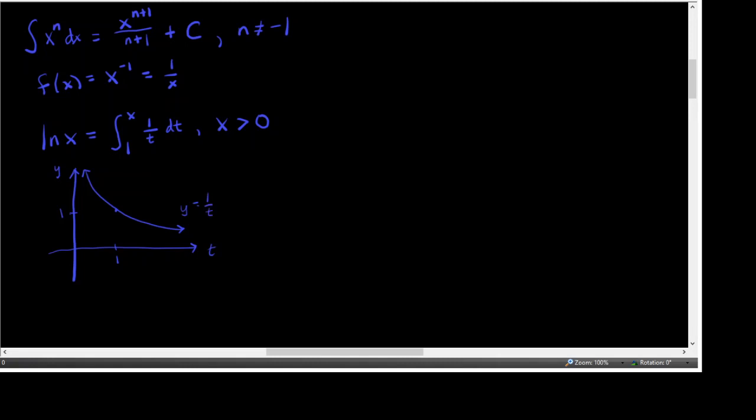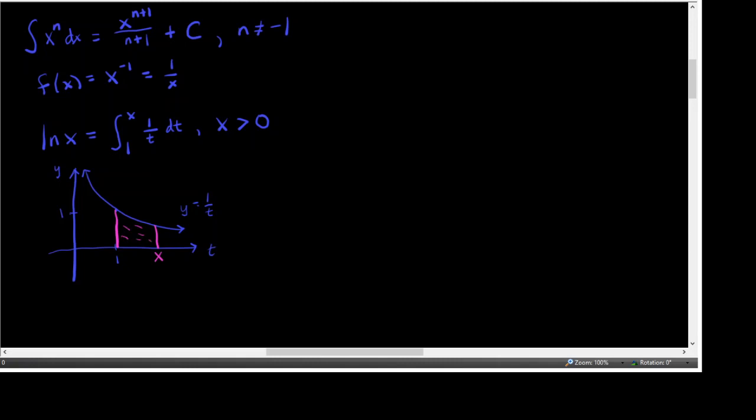So remember that we can think of the definite integral as an accumulation function. So if we start at 1 and go to some changing endpoint like x out there to the right someplace, the natural logarithm of x will be this area.